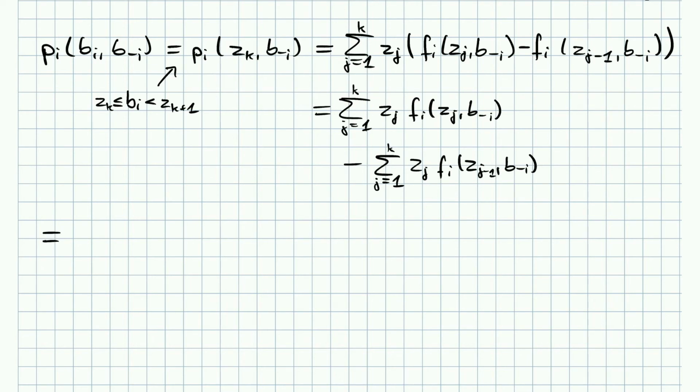Well, we'll get that this is zk times fi of zk comma b minus I. And then, what else are we getting? We'll get, and this is maybe now a weird way to write this, but it is exactly what we're up for.